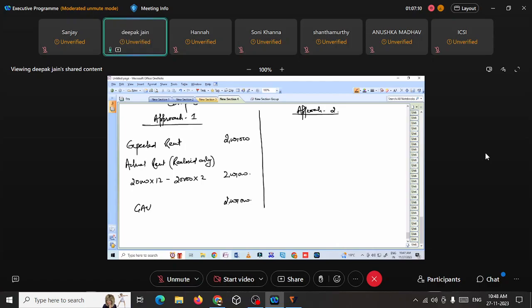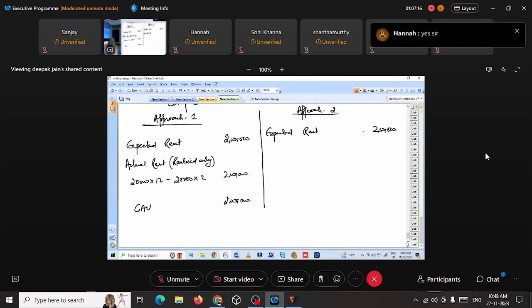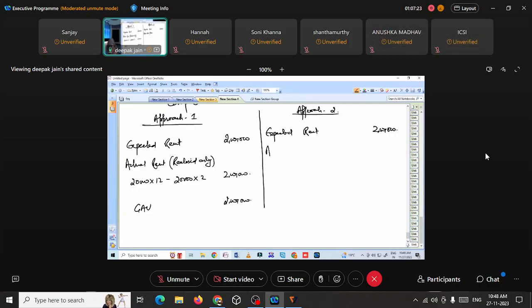Expected rent 2 lakh. Actual rent, all realized. All realized means 20,000 into 12, 2,40,000. Take whichever is higher.